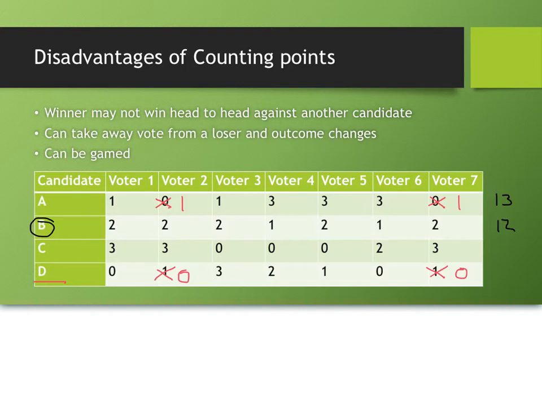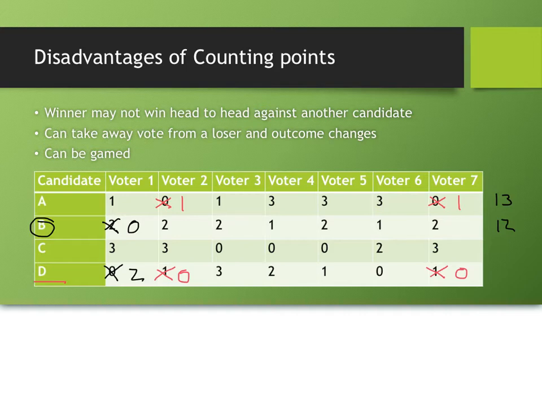If I really like candidate C and I know B is going to come in close, maybe instead of giving that person a 2, I give him a 0. And I know D is not going to come in very close, so I'll give him the 2 instead of candidate B. And all of a sudden, again, that disproportionately puts votes in candidate C's favor.